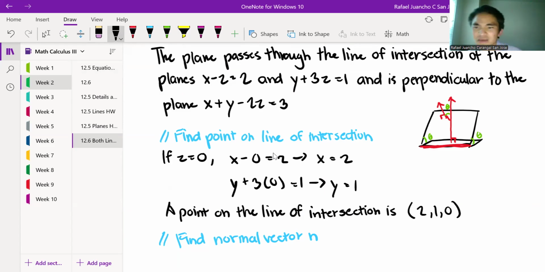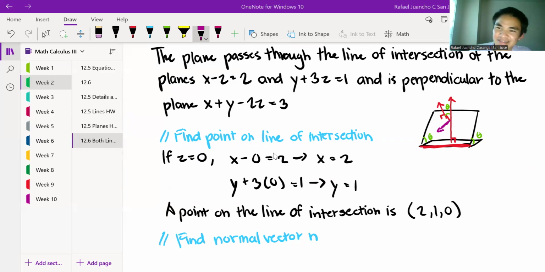And what else? I can't really visualize it, but the idea is we can actually get the vector here if we get the dot product of n1 and n2. I'm still trying to figure out why.